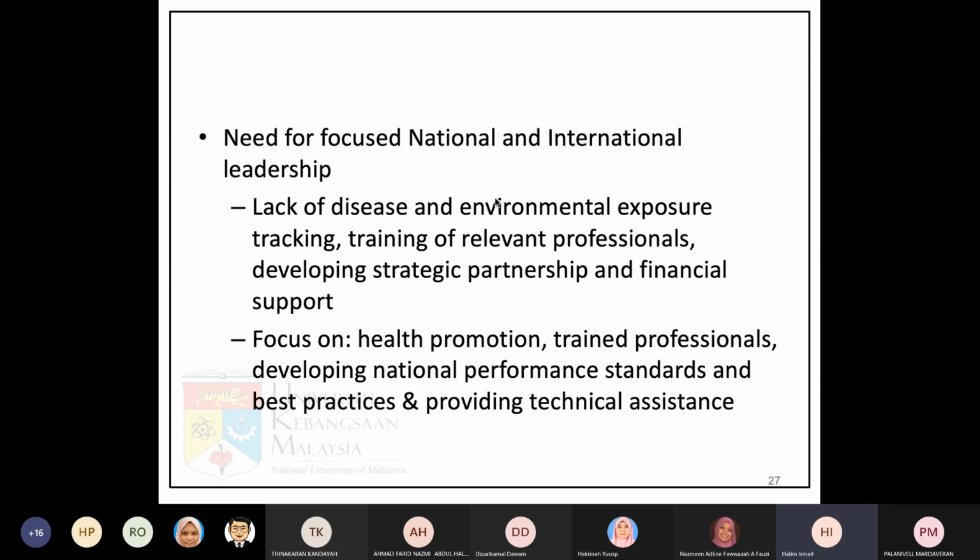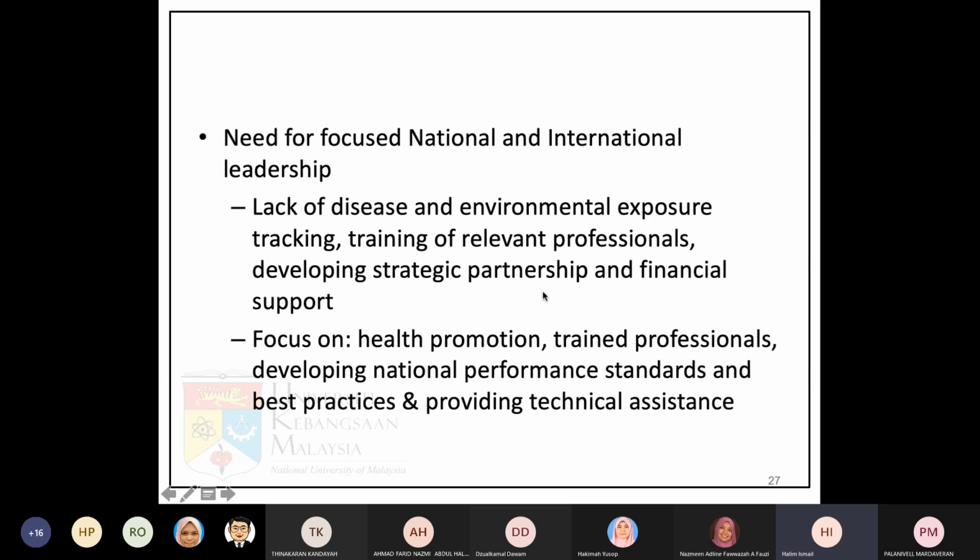Lack of disease and environmental exposure tracking, training of relevant professional, develop strategic partnership and financial support. Biasanya in terms of financial support towards environment and health ni is quite lacking lah. So primary focus of the government. Kalau you dekat KKM pun, the environment and the occupational element sort of like the last thing that people will look into.